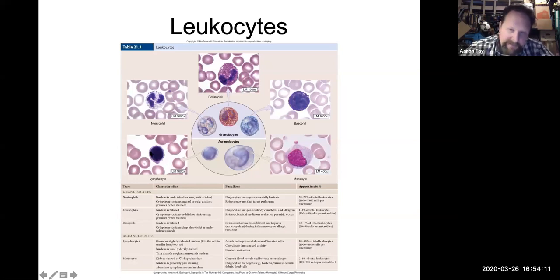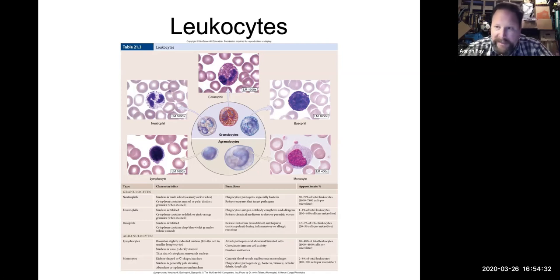So lymphocytes, B cells, T cells, quite common. Monocytes, fairly rare, only about 10%, really, really big, kidney bean shaped nucleus. What these guys are going to do is exit your blood supply and help fight infection in other parts of your body.